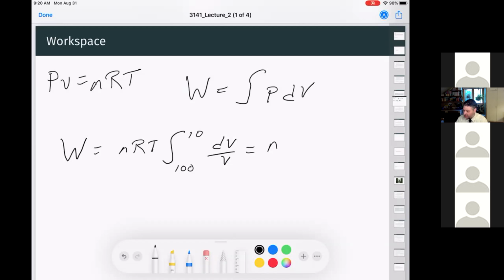So this just becomes nRT times the natural log of V from 100 to 10. So this becomes pretty trivial.